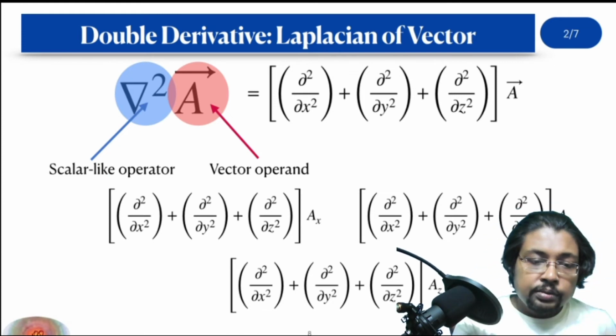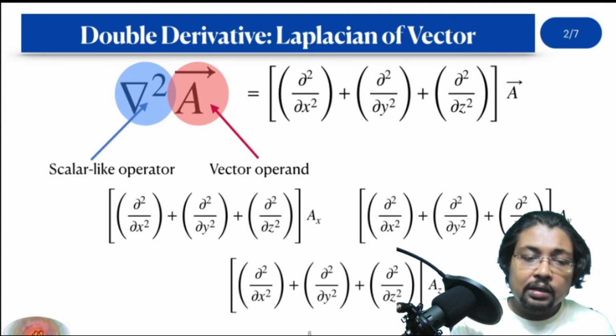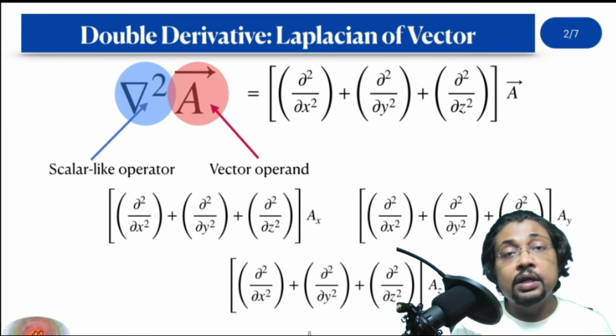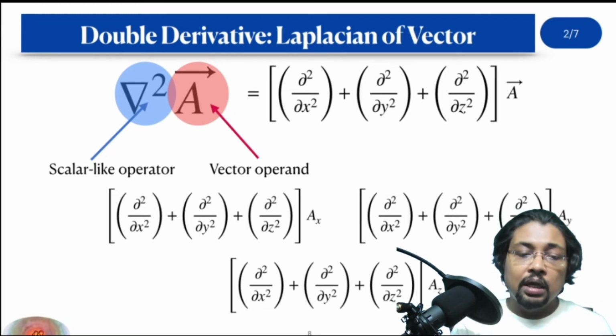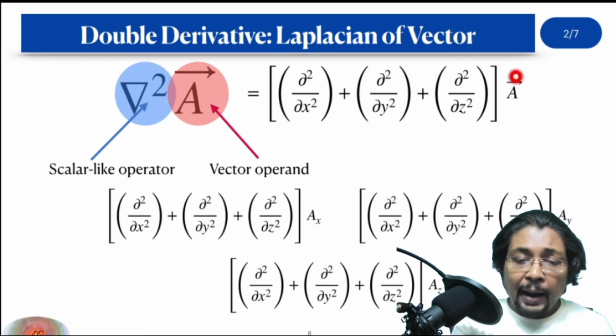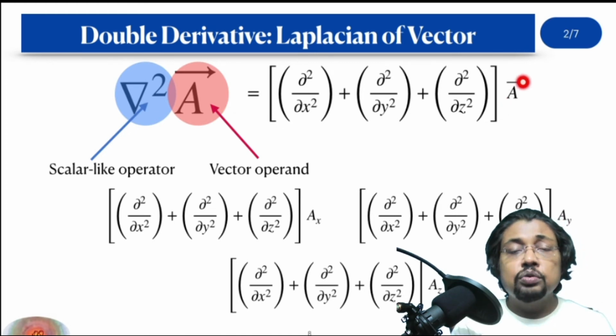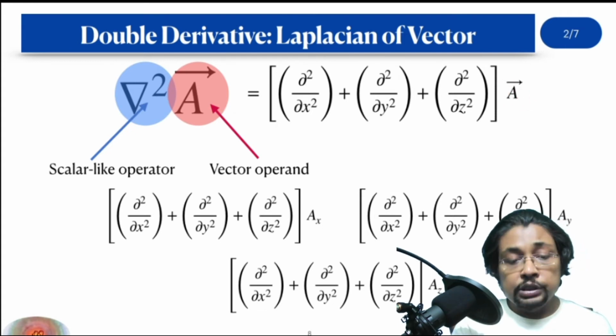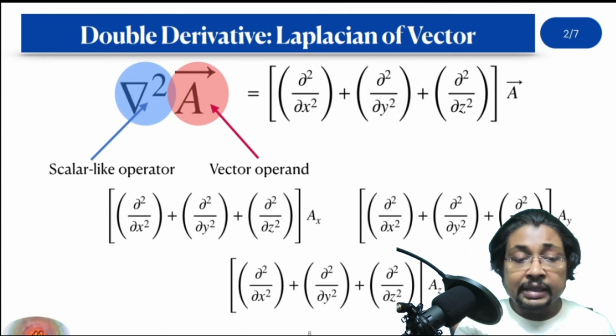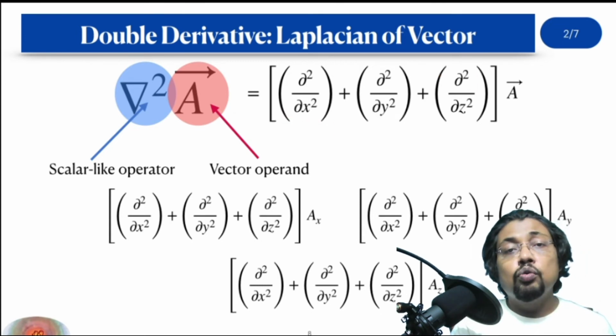But here you are operating over a vector. So a scalar operator is operating over a vector. How can we apply it? Yes, we can apply it, but in that case, we have to convert this vector into scalars. So how can we? We have to decompose this vector into its individual components, ax, ay, and az, and then this operator will be operated over each of its components.